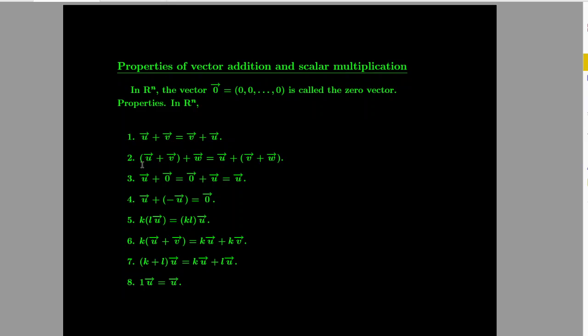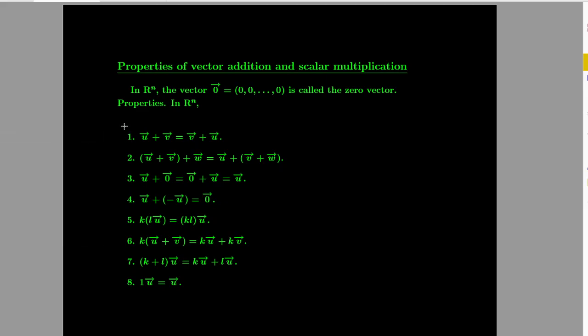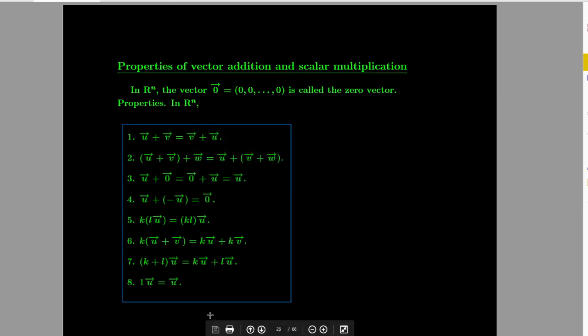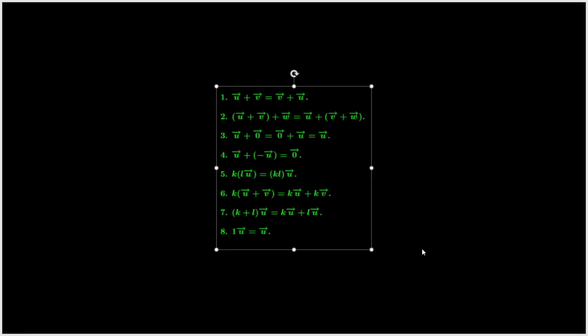The second property says vector addition is associative. Still, I don't feel comfortable to. At least I'm going to write some keyword. Okay, I will copy this to the PowerPoint. I'm going to write some terms.